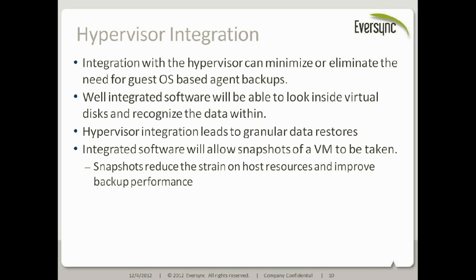So you want to, of course, be able to talk to the hypervisor to minimize your dependence on having to install an agent on the individual virtual machine. And in fact, if you can do without altogether, even better.